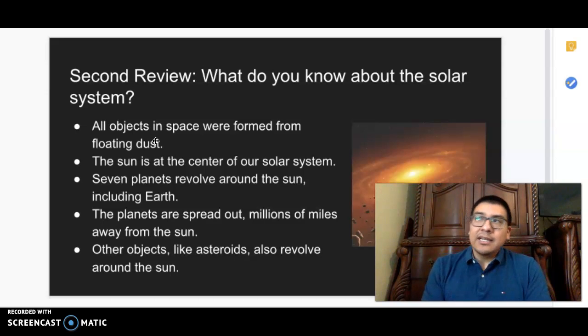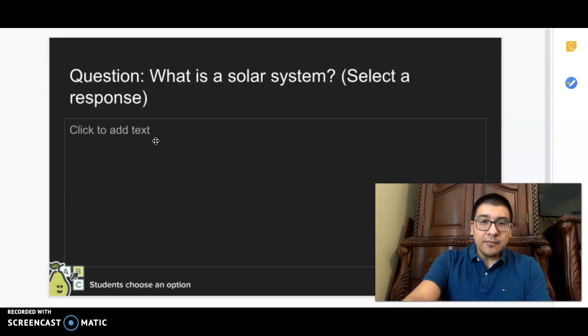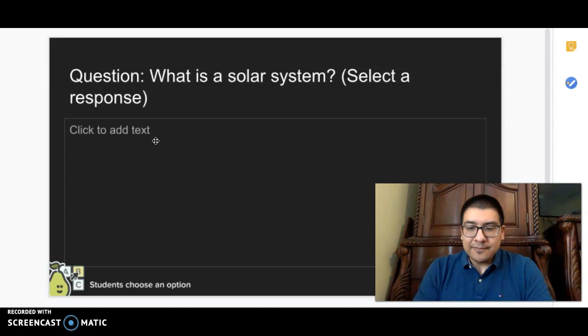And we also know that not only do our planets revolve around the sun, asteroids and other space rocks are also trapped in orbit and floating around the sun. Then take a quick minute to answer the question, what is a solar system?